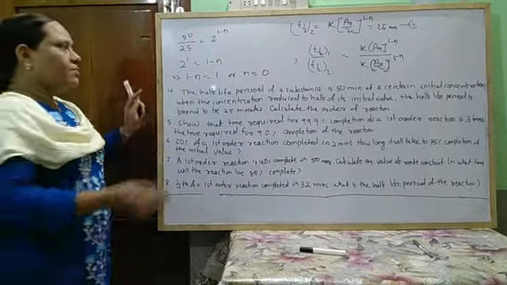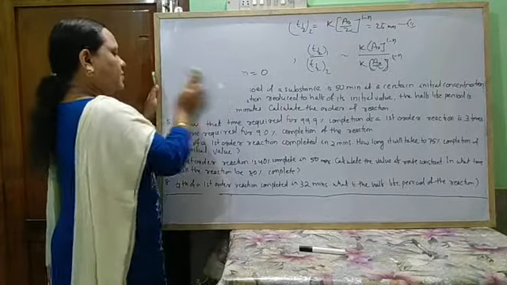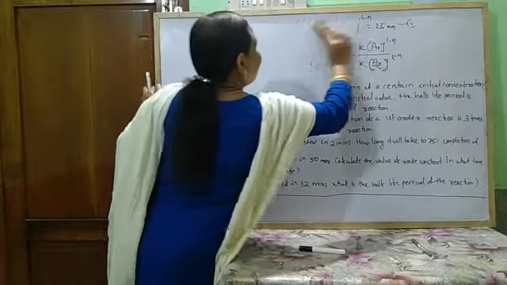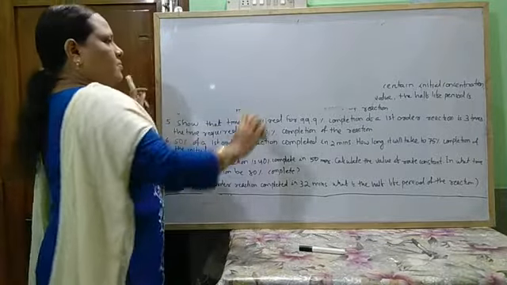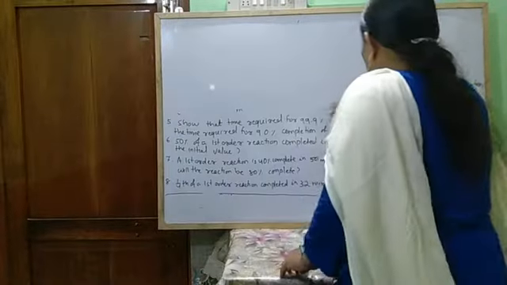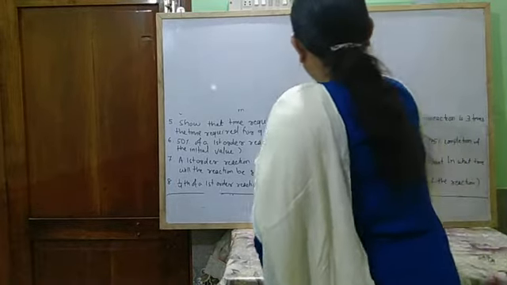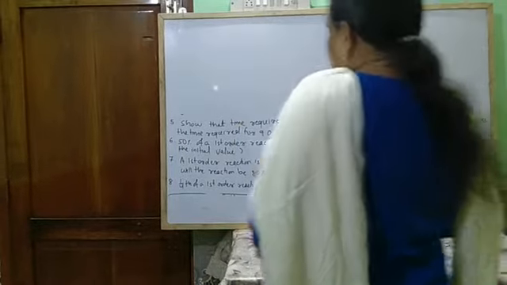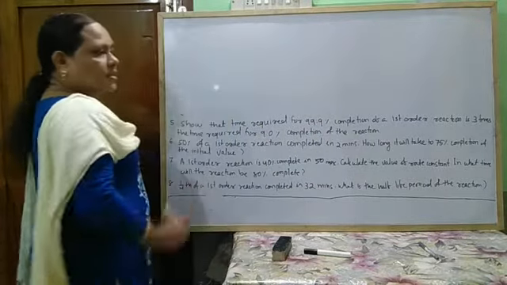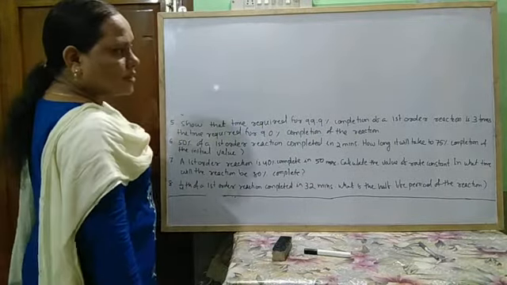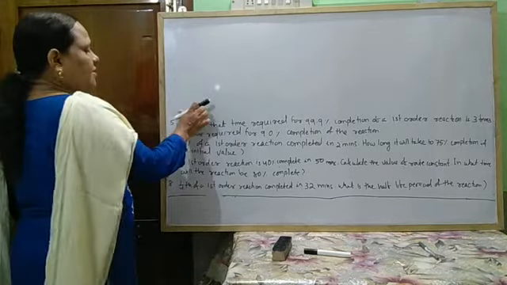Next, come to question number 5. The time required for 99.9% completion of a first order reaction is 3 times the time required for 90% completion.